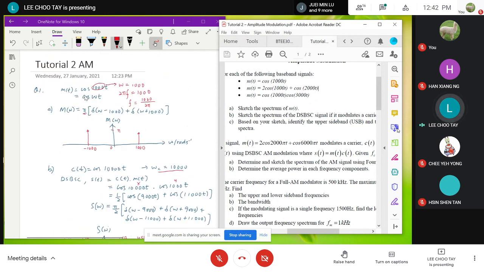Because your baseband has 2 cosine terms, you expect to have 4 delta terms. This one is similar to the previous one, except the amplitude is 2, so what you have here instead of pi will be 2 pi, plus another 2 delta functions for this one. So do it now.